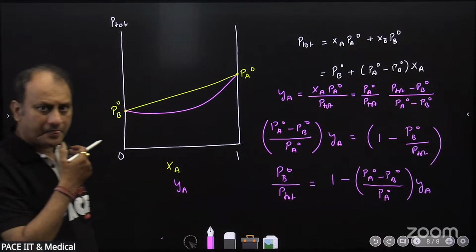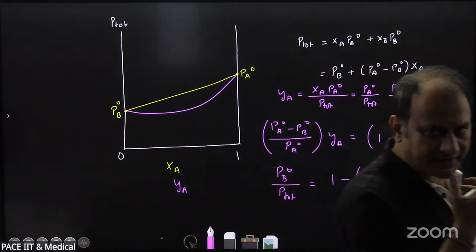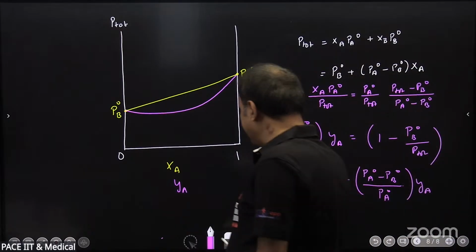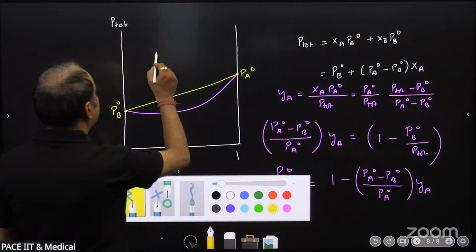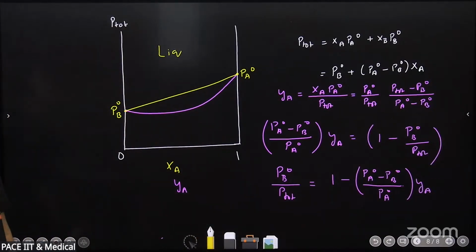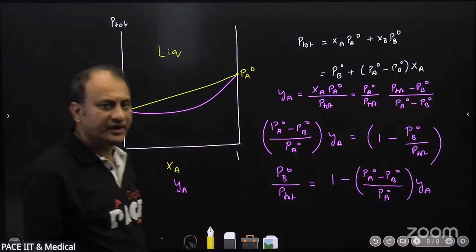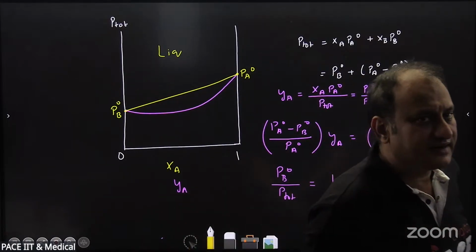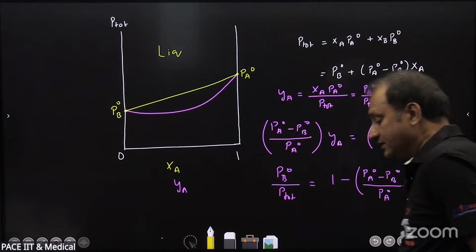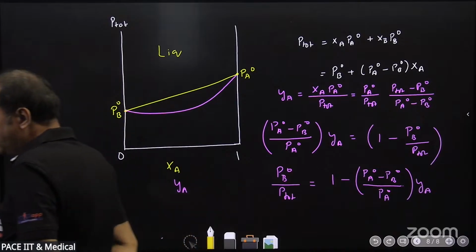Now, this is a graphical representation of an ideal binary solution. And here, the region above the yellow line is the pure liquid region. It means if we mix A and B in such conditions that we are above the yellow line, then that solution will exist purely as liquid. There will be no vapors there.